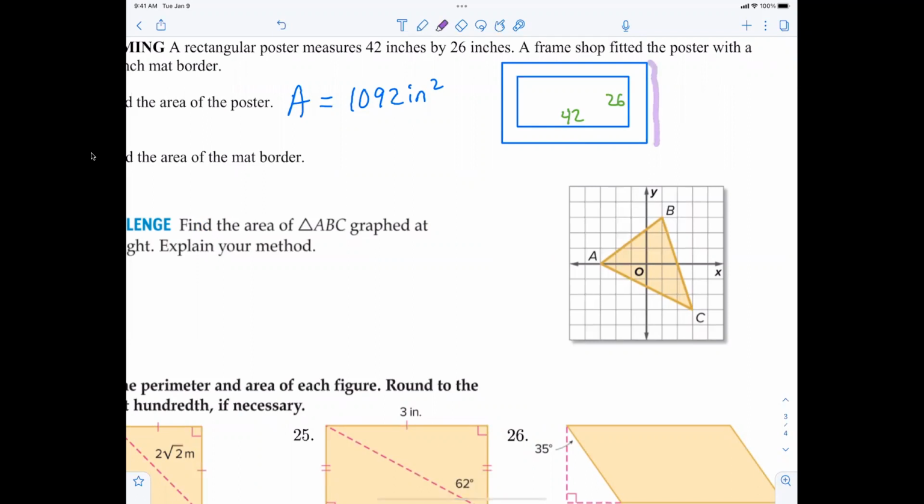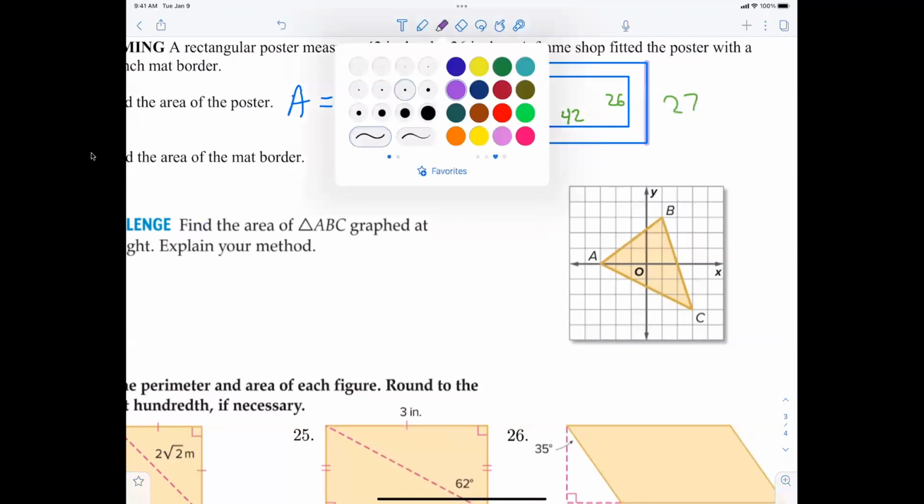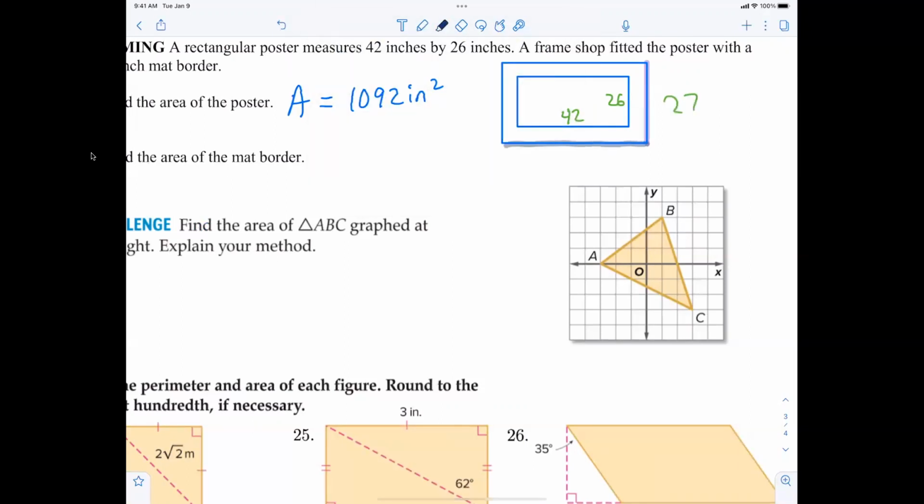That means this length here is how much? Anybody agree with 27? Somebody said 26.5. But we know it's 27 because there's a 1/2 inch on what? On both sides. This is a common SAT question. And then the width of this guy down here then would be what? 43.